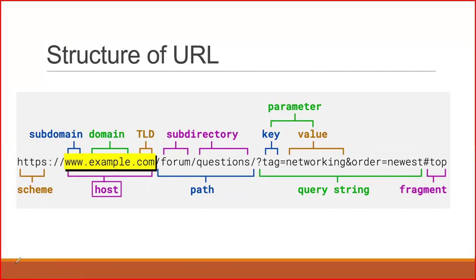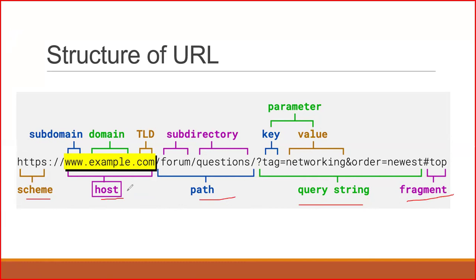I hope everyone knows this part already, but on a high level, the structure of a URL is divided mainly into five different parts: scheme, host, path, query string, and fragment. Scheme represents the HTTPS, that is the protocol here. Whatever the protocol may be, that is represented by the scheme.